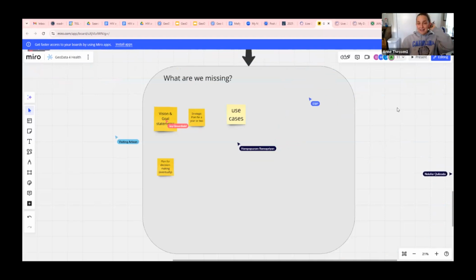Okay, it looks like that activity has died down a little bit. I do want to emphasize that this Miro board will remain up and editable as far as I know. If it's not editable, let me know. Feel free to add stickies, comment on other people's stickies, or add emojis to them.